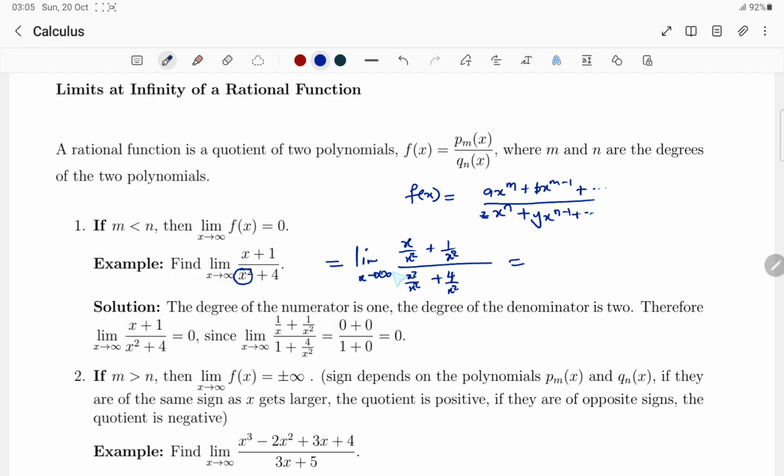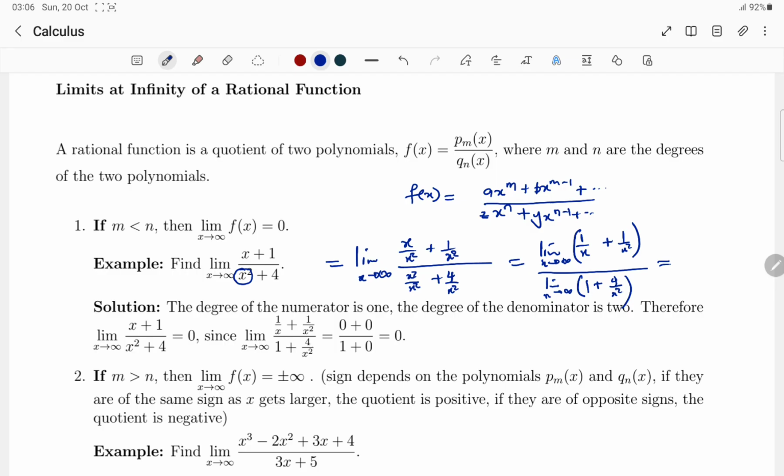Since we can distribute the limit over sums and also over division, this implies the limit as x approaches infinity of 1 over x plus 1 over x squared, over the limit as x approaches infinity of 1 plus 4 over x squared.